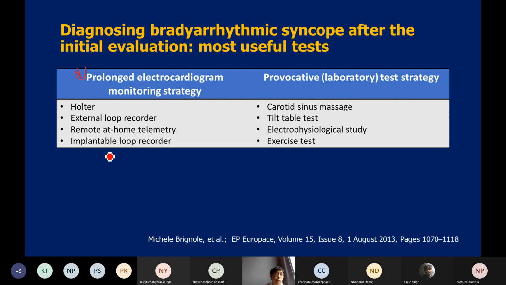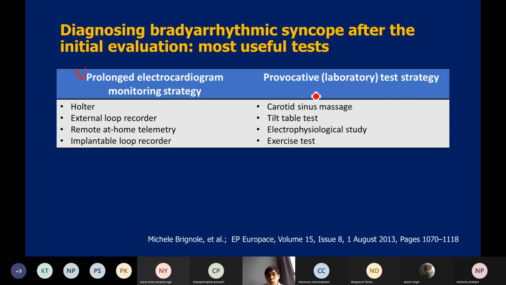You implant a device under the patient's skin, subcutaneously, and leave it there for a month to 4 years to record their electrocardiogram. This is the strategy of prolonging the ECG monitoring.